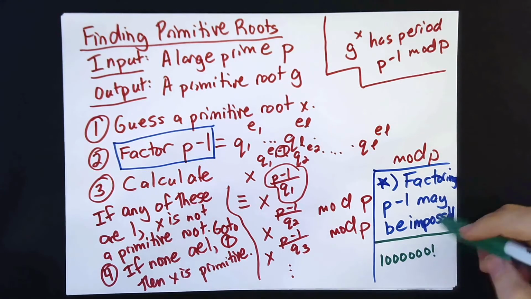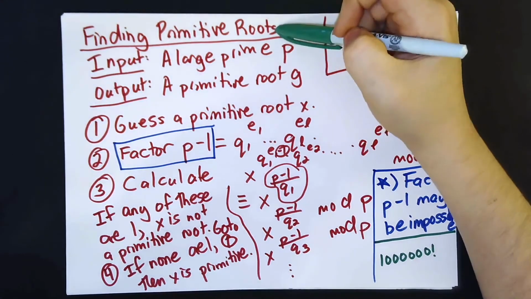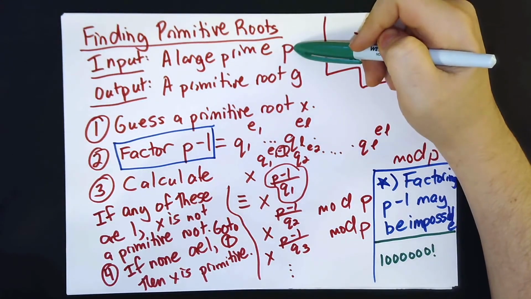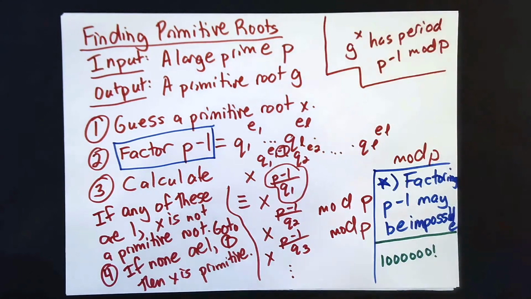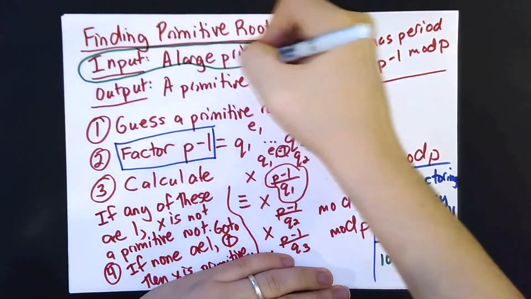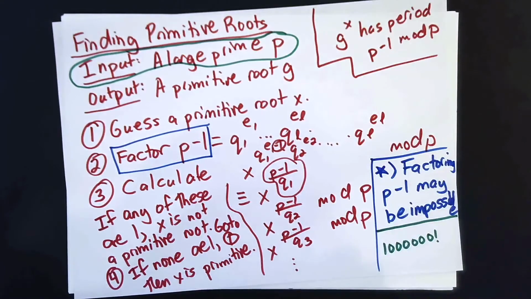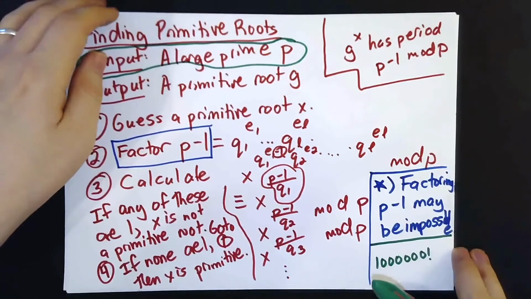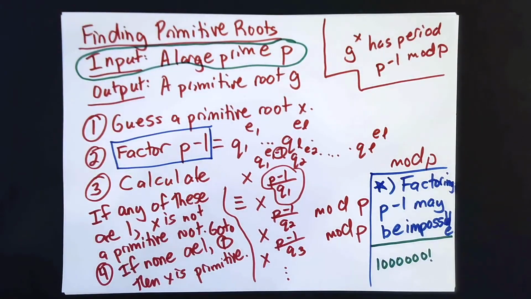So when we go looking for a primitive root of a large prime, what we actually have to do is realize that we can't just input a random large prime here. If we input a random large prime, then p minus 1 is going to be large, and then we're not going to be able to factor it, and then we're going to have a bad time.